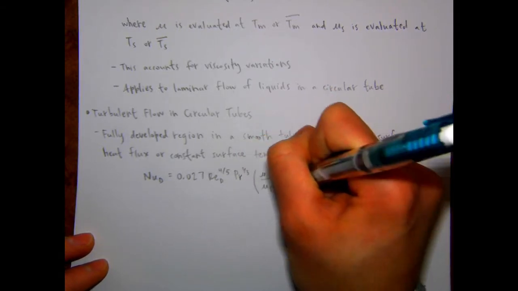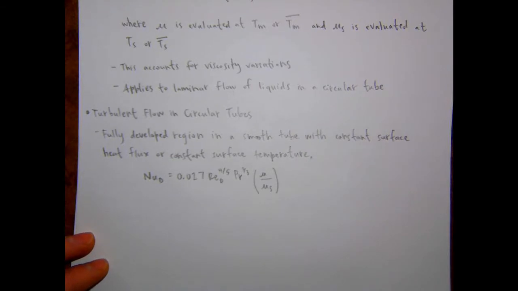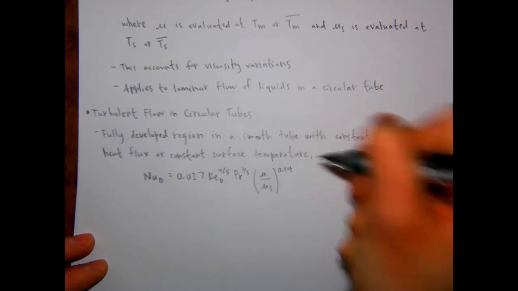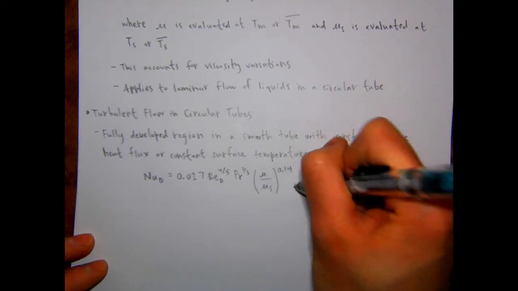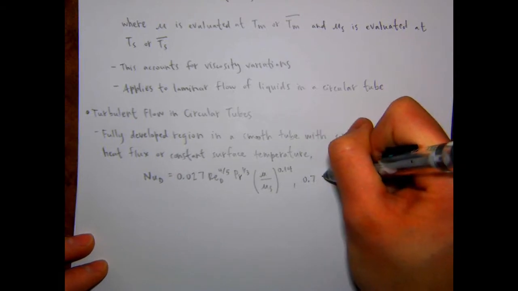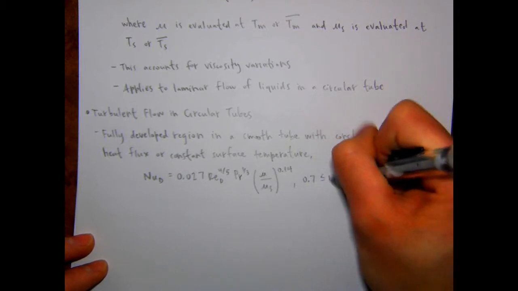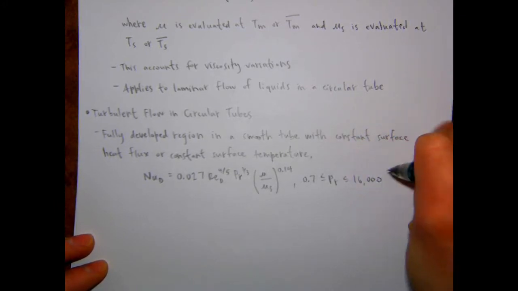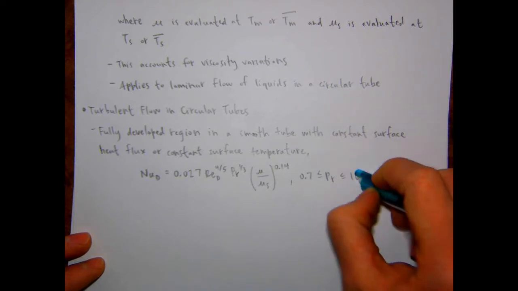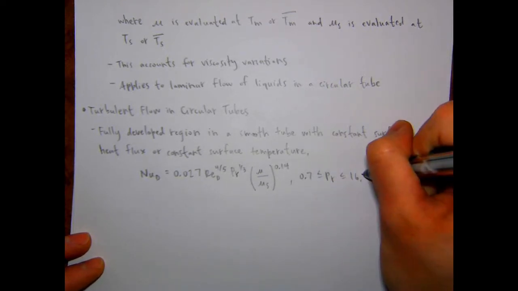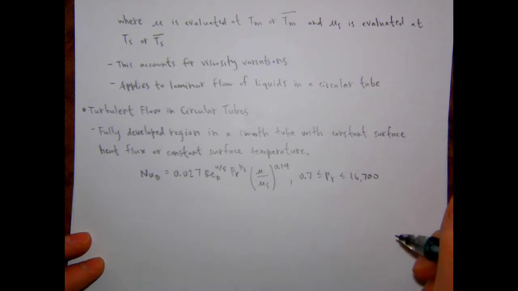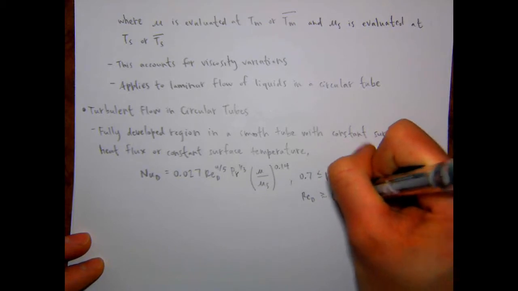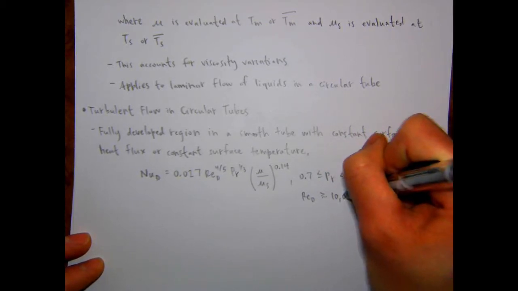And then for this expression, we'll have the correction factor for the viscosity variation for all fluids. And this is applicable for Prandtl numbers between 0.7 and 16,700, and Reynolds numbers greater than approximately 10,000.